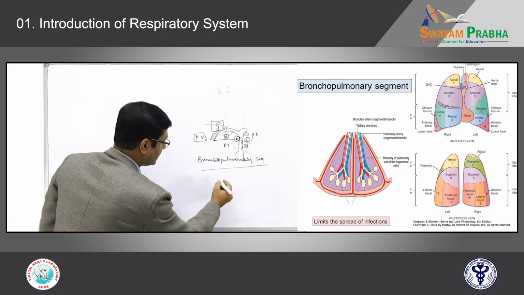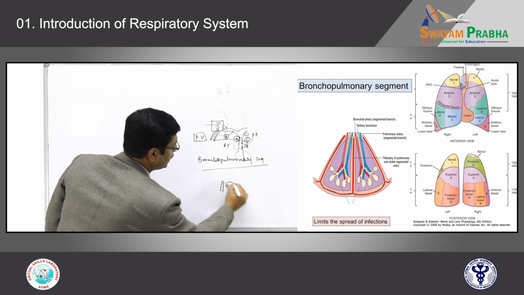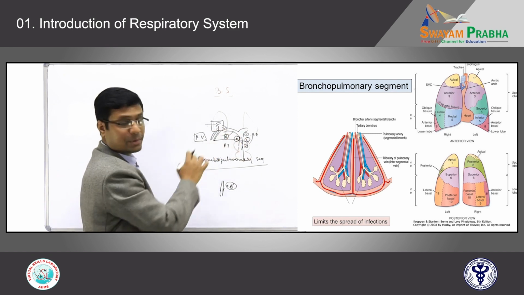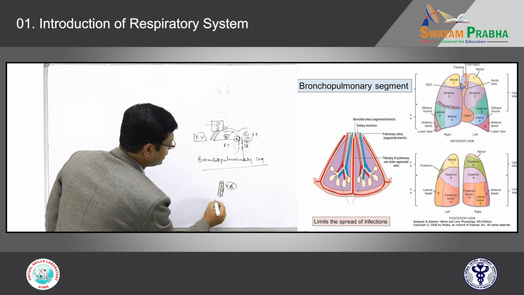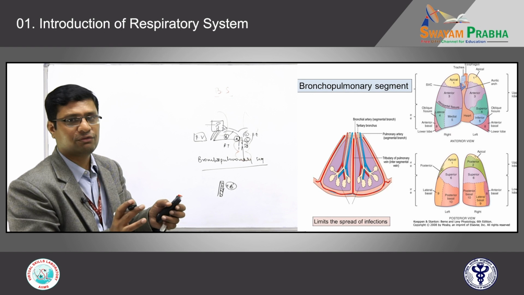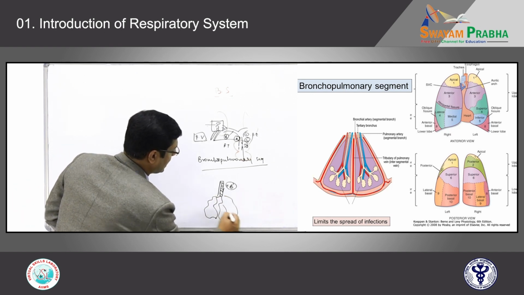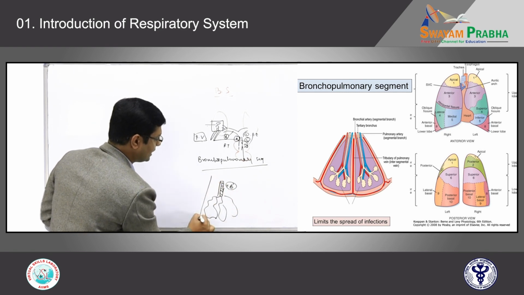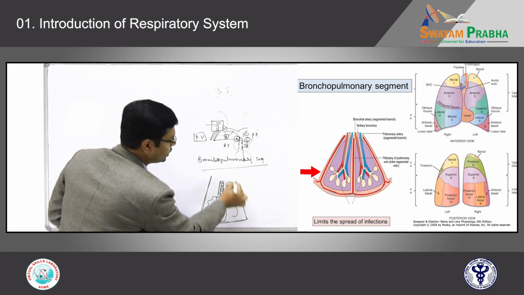In each lung and each lobe, a terminal bronchiole along with a branch of the pulmonary artery, this is the terminal bronchiole, a branch of the terminal artery, will supply a certain group of respiratory units. So, this is one respiratory unit, and each terminal bronchus after supplying here is limited by a septa. It actually looks conical in shape.